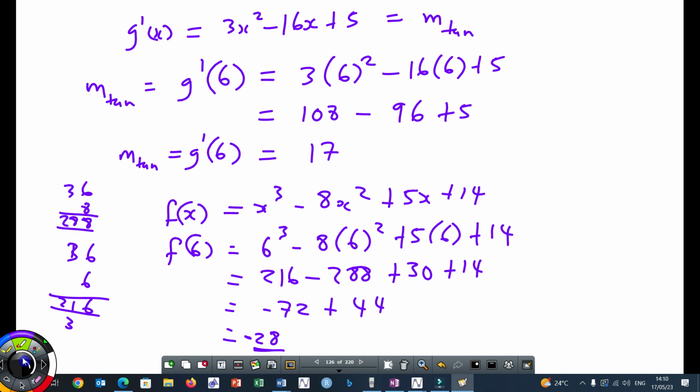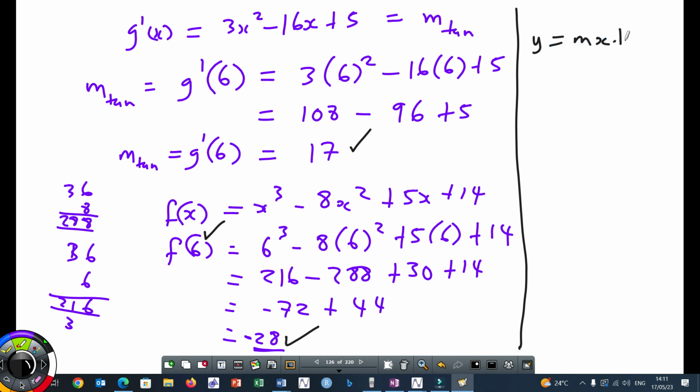So now that we know the gradient, the y value and the x value at the point of contact, we are back in grade 9. Remember, a tangent is a straight line. So y is equal to mx plus c. What is y? Minus 28. What is the gradient? 17. What is x? 6.